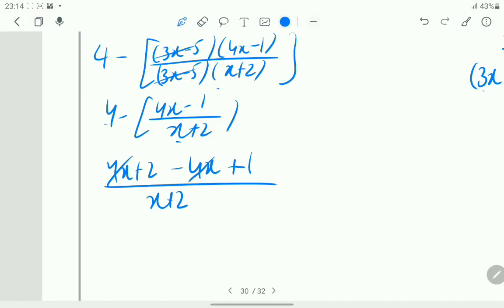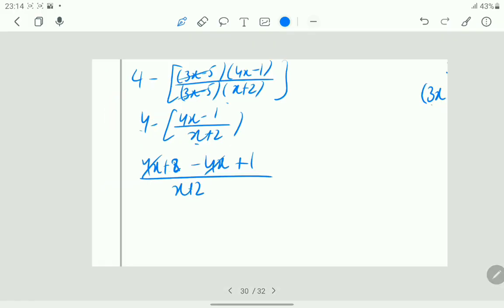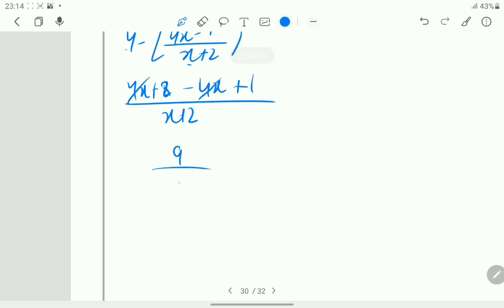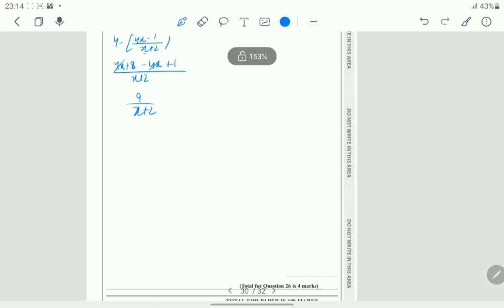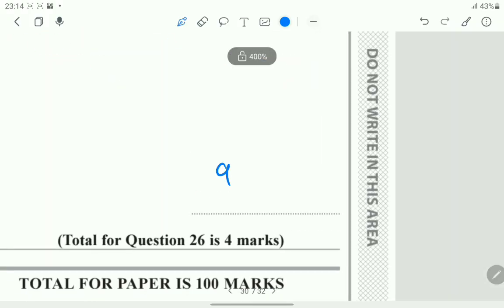Yeah, 2 times 4 is 8, not 2. We get 4x plus 8, and 1 plus 8 is 9. 9 over x plus 2 is the simplest form we could get it to. That's your answer.